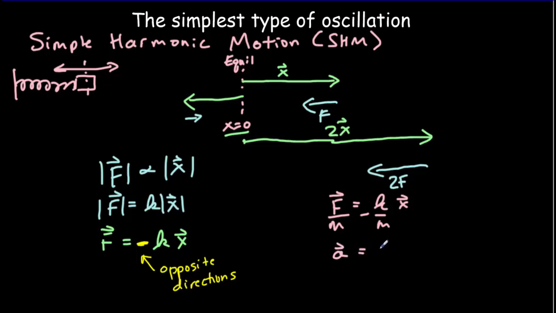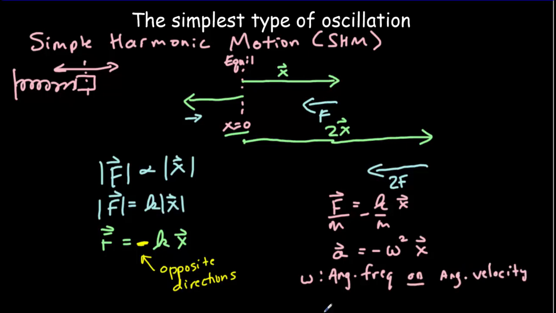And that will equal a negative constant k over m, but of course we don't like the k's because that's the spring constant. We don't always have springs. We write this as omega squared, and that omega turns out to have a physical meaning. Omega is called the angular frequency, or sometimes the angular velocity.